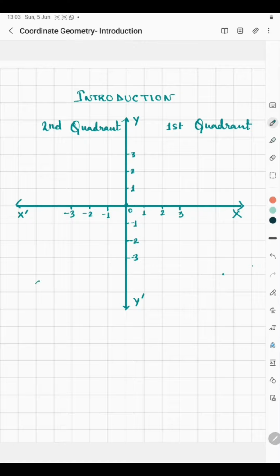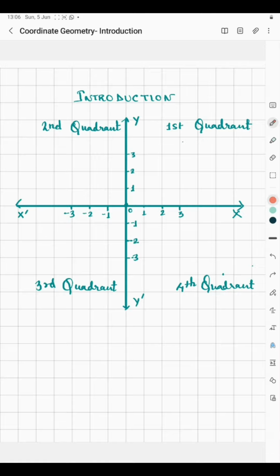The third part is known as the third quadrant. And the fourth part is known as the fourth quadrant. We will always start from this quadrant. It will be the first quadrant, then we come to the second, then third and then fourth.